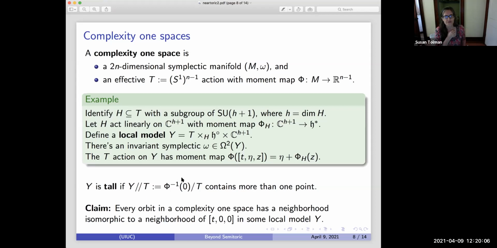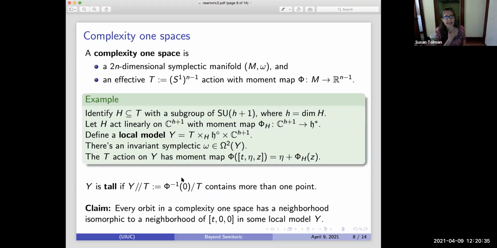So we're going to define what we call a local model. It's just the product of the torus T, the annihilator of the Lie algebra of H, and C^(h+1). We take that product and divide by the H action, where H acts on T by multiplication and acts on C^(h+1) by the representation and does not act on H naught.